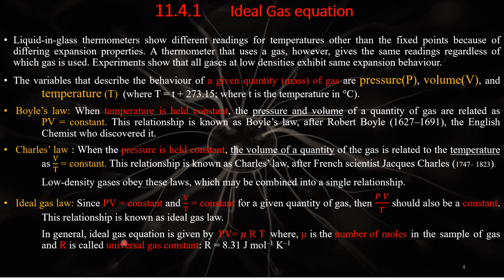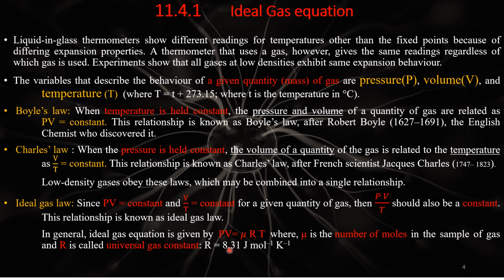In general, the ideal gas law equation is written as PV is equal to mu into R into T, where P is the pressure, V is the volume, mu is the number of moles in the sample of gas, R is called the universal gas constant, and T is the absolute temperature.